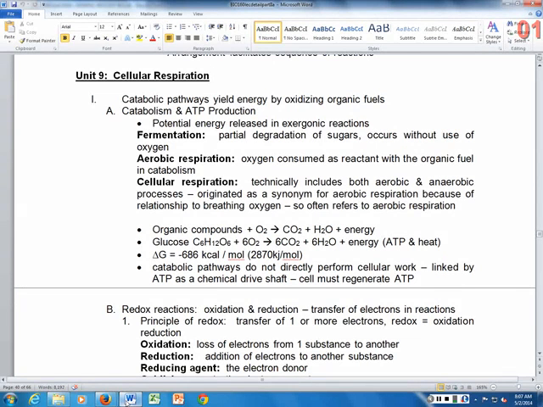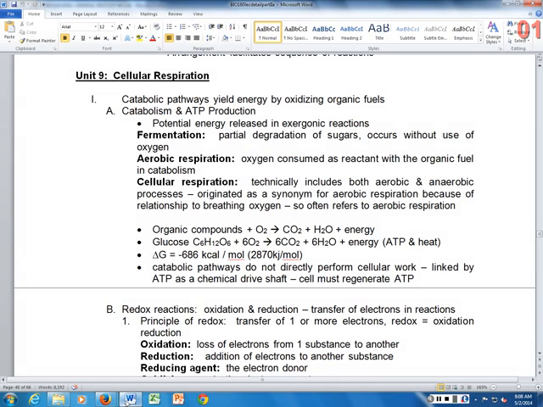You've got fermentation, where you're going to partially degrade the sugars, and this occurs without the use of oxygen. And then you've got aerobic respiration, where oxygen is going to be used. And aerobic respiration and cellular respiration are the same thing. They are also known as aerobic metabolism.